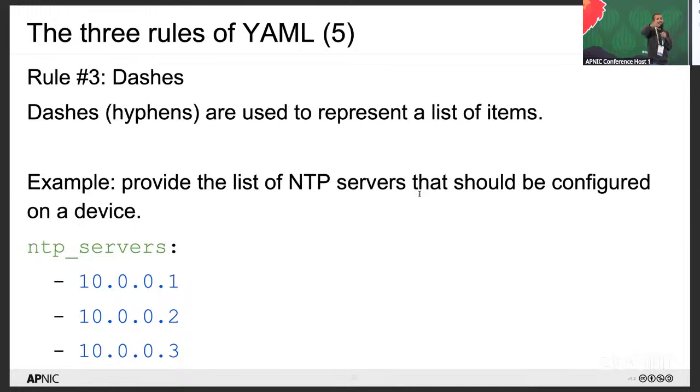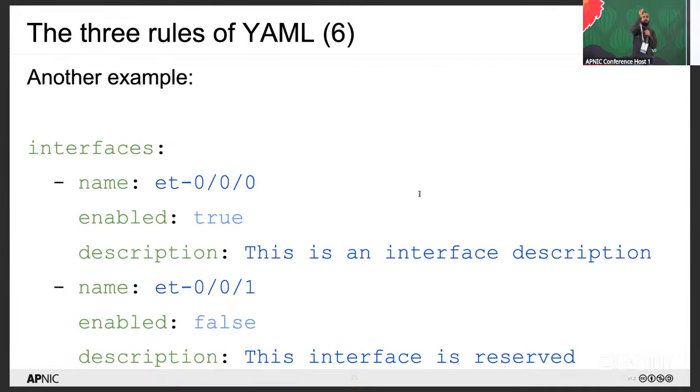And that's where you can add multiple IP addresses, IPv4, IPv6, multiple DNS servers. And when you have to configure it, you do the dash. So dash is a list of information for a certain key. Also maintain the same indentation, okay?